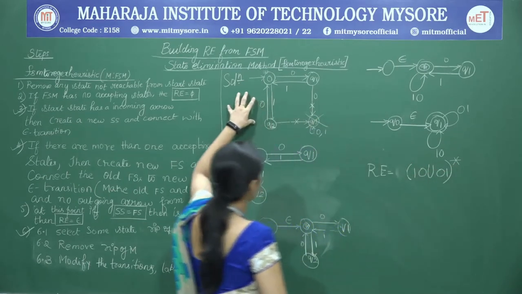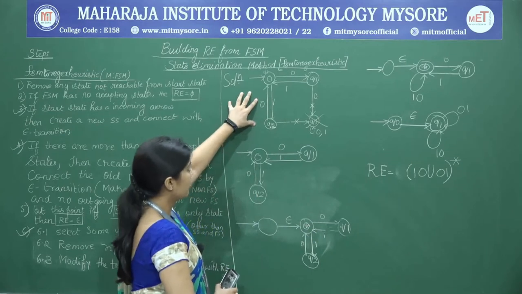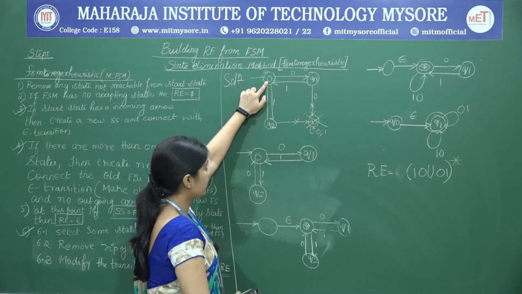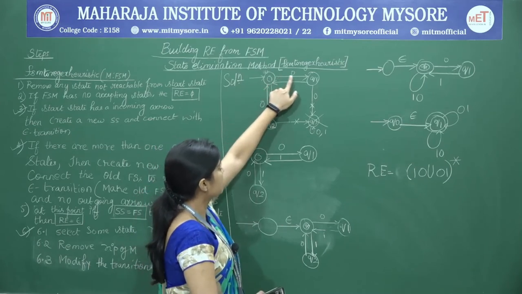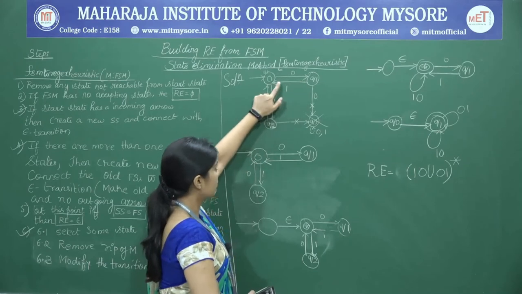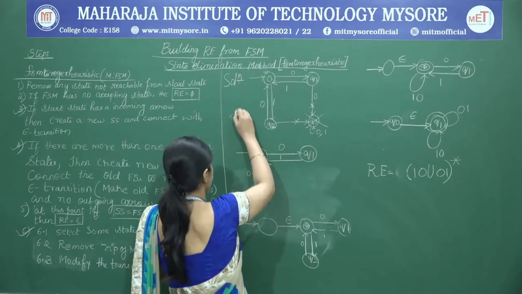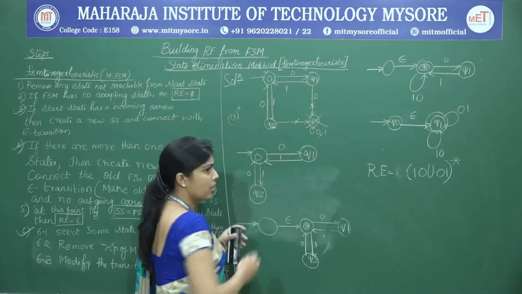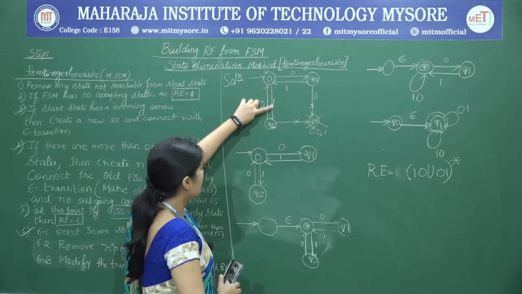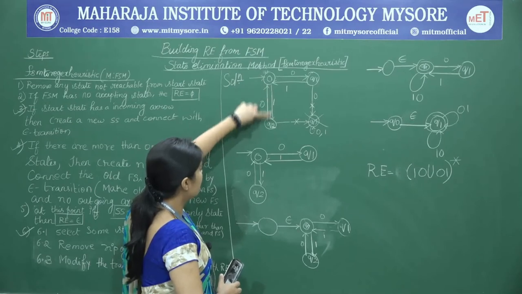When you look at the initial problem statement, you can see that this is the final state. So what are the strings that we are accepting? We may accept 0, 1, 0, 1, 0, 1. So that 0, 1 is repeating n number of times. So this is the accepting state. The second path is 1, 0, 1, 0, 1, 0.